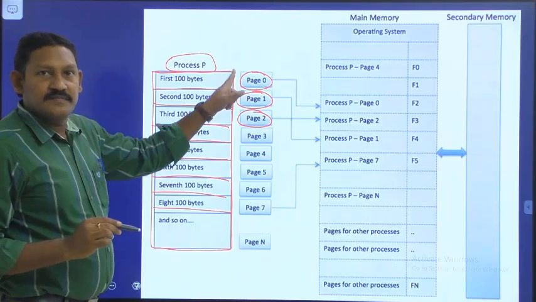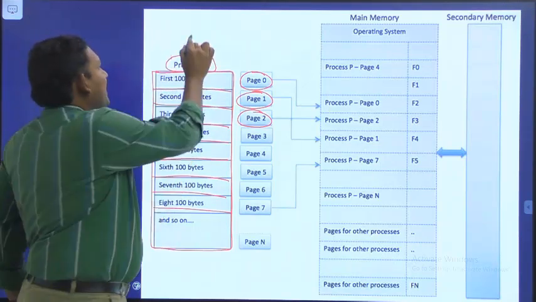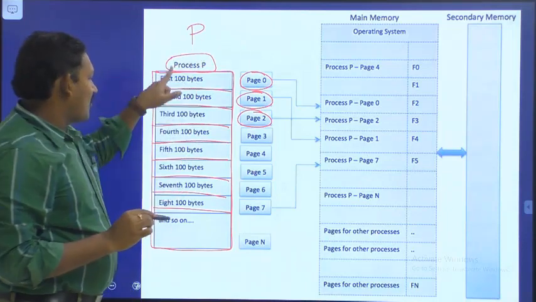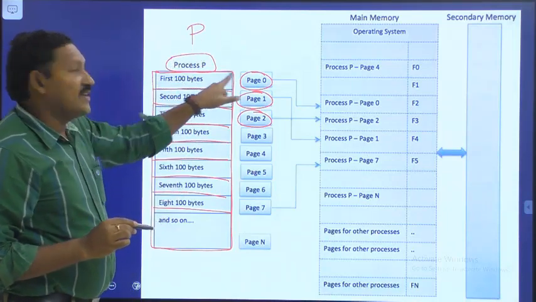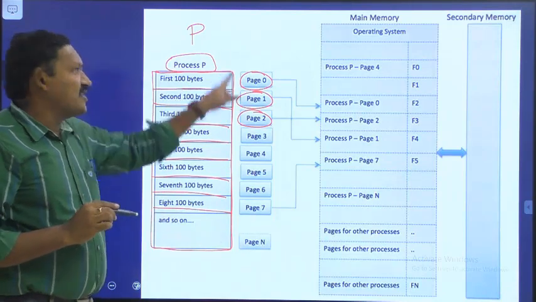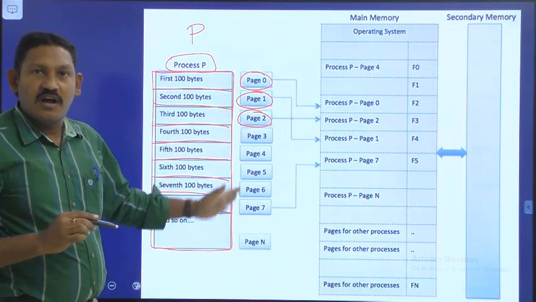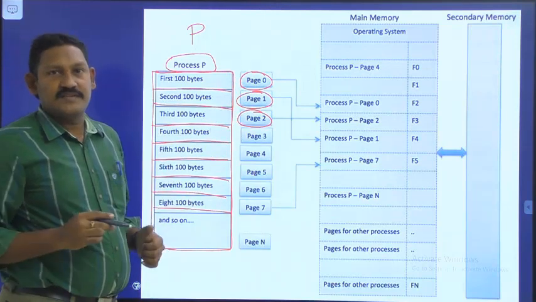So a process P is split into a number of parts, and we name each part a page. The size of each page is one and the same. All the pages are of equal size.